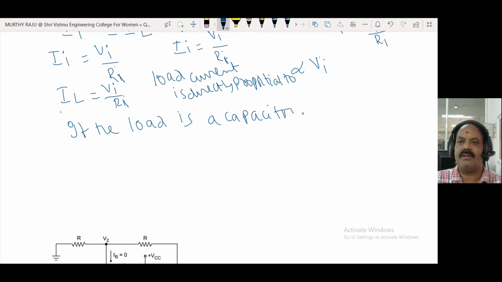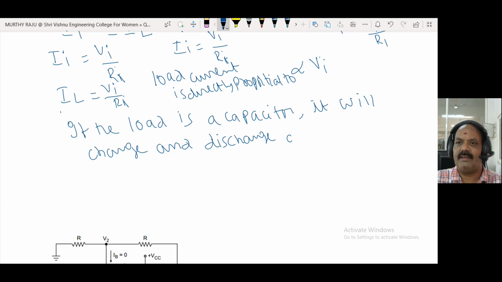It will charge and discharge at a constant rate.